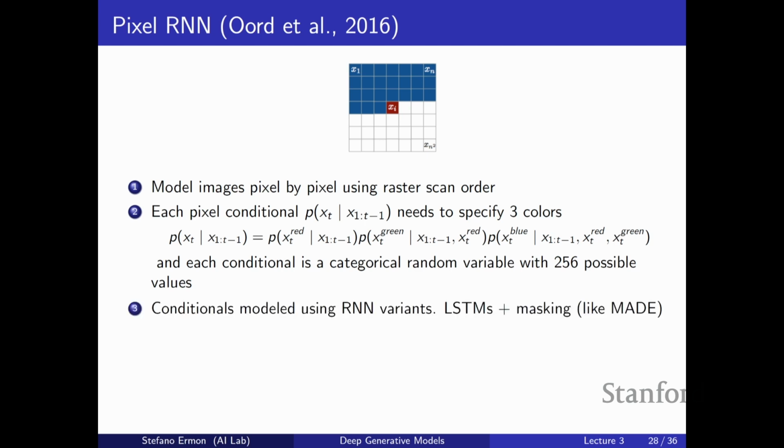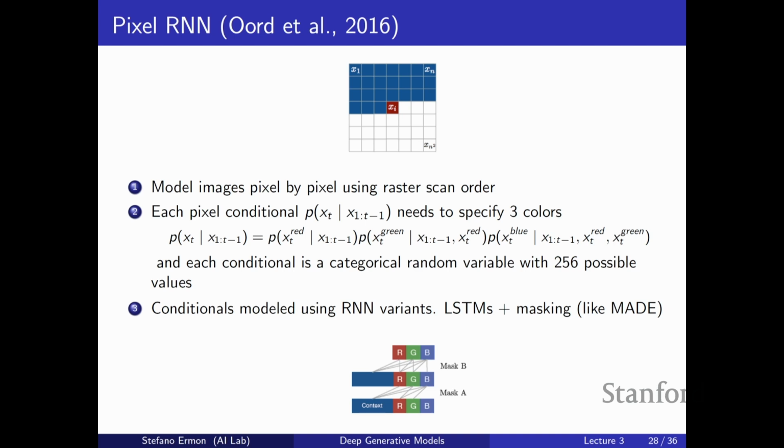And one way to do it is to use an autoregressive structure inside every pixel, every conditional defining the pixel. So a pixel is going to involve 3 random variables: the red, the green, and the blue channel, and you can generate them, let's say, in that order. So you can compute the conditional probability of the red channel given the previous context. Then you can do the green channel given the previous context and the value of the red channel, and so forth.